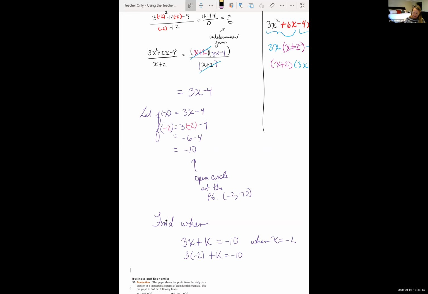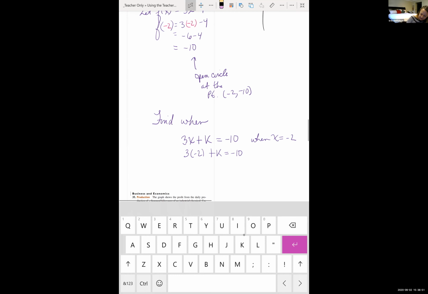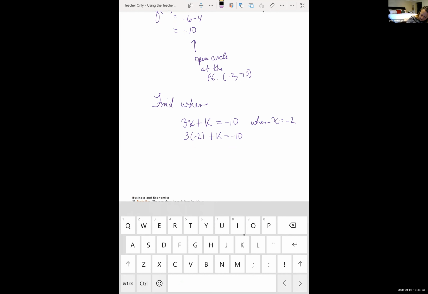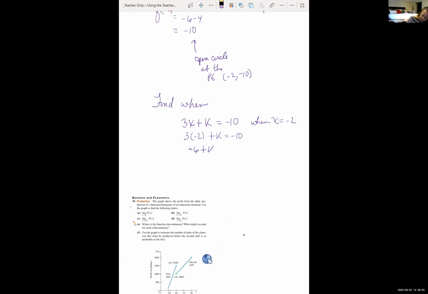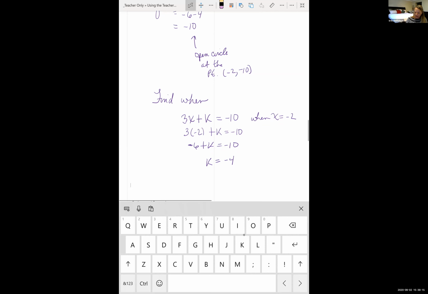If we apply that, we get -6 plus k equals -10. So add 6 to both sides, -10 plus 6 is -4. So in order to make that a removable hole, we can let k equal -4.